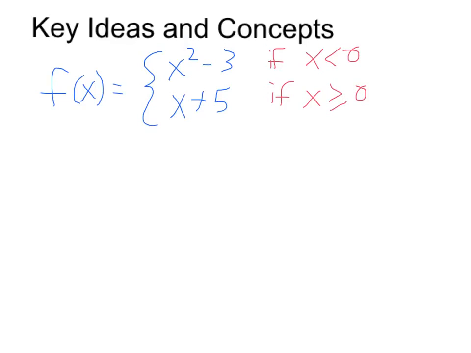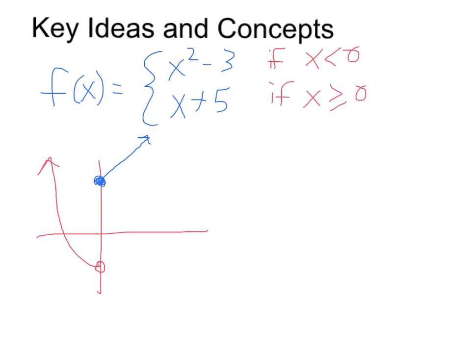And we should be able to look at a function and graph it. So in this case, f of x is x squared minus 3, so that's a shift down for 3. And then it's an open circle at 0. And the second piece is x plus 5, so it shifts up 5 and has a slope of 1, and that's going to be a closed circle.